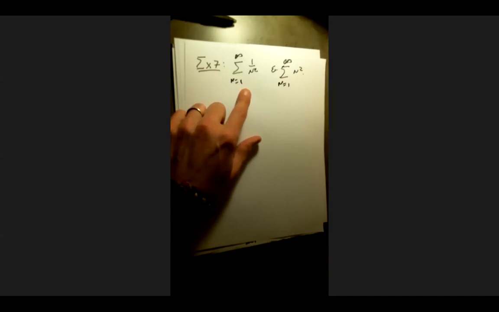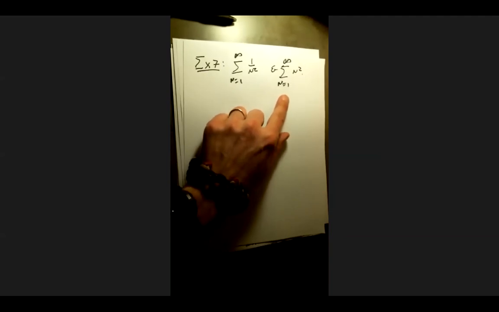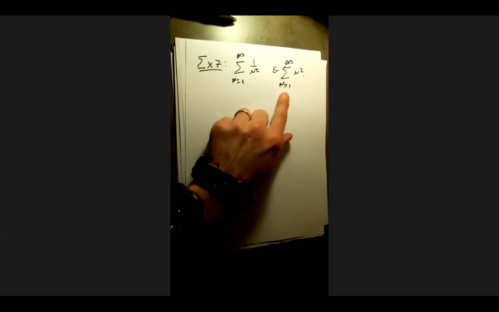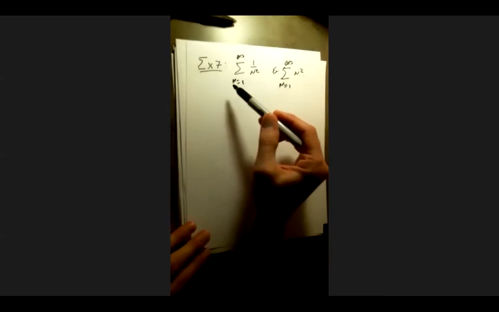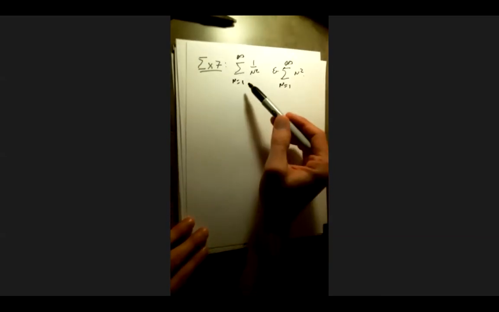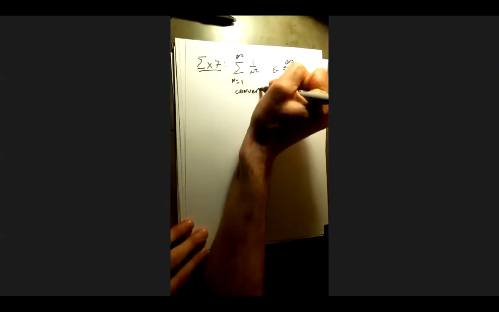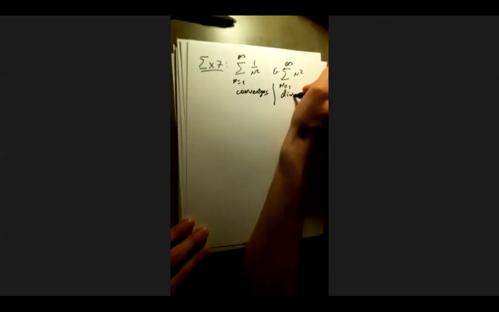How about the one on the right? Divergent. These terms are 1, 4, 9, 25. They're getting out of town in a hurry, right? So we know without doing anything complicated that the one on the left converges and the one on the right diverges.